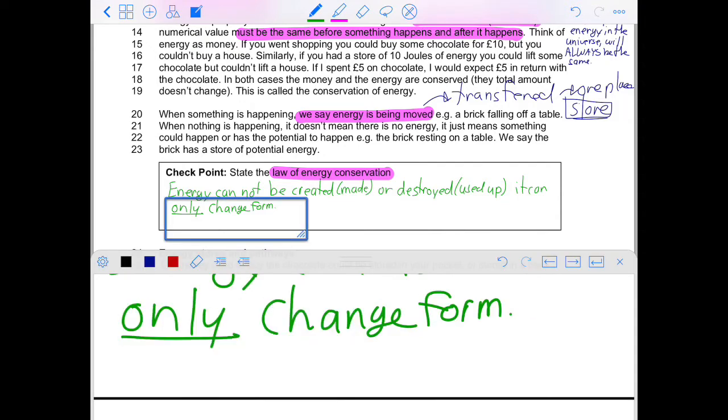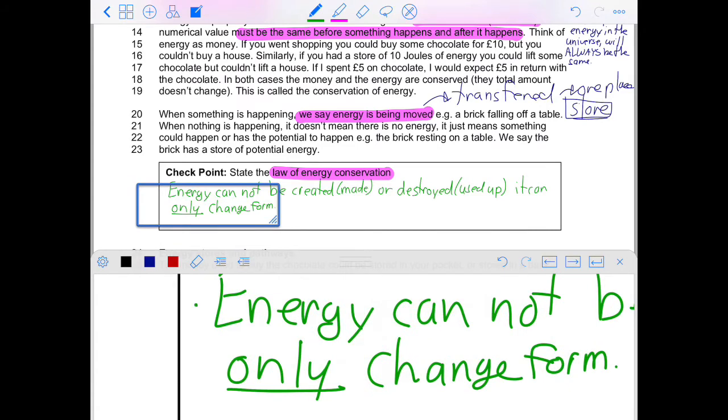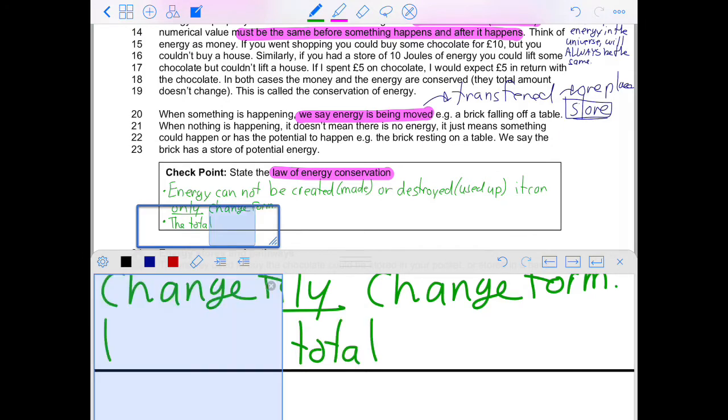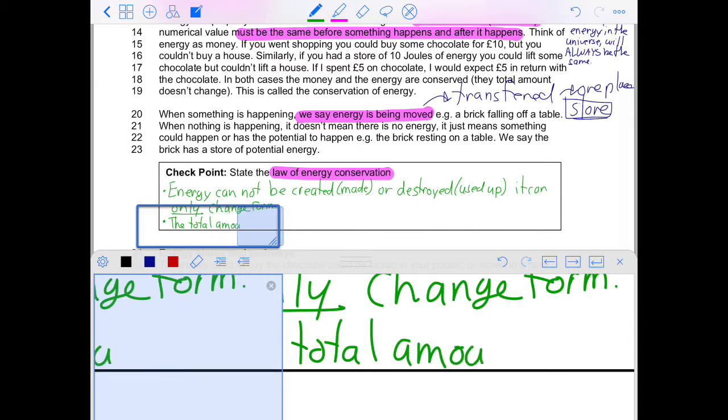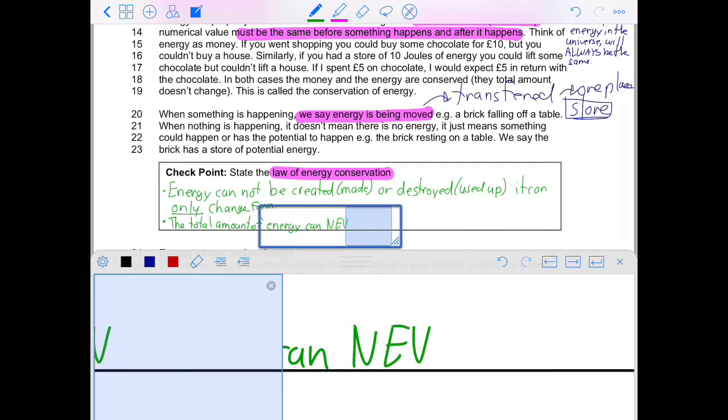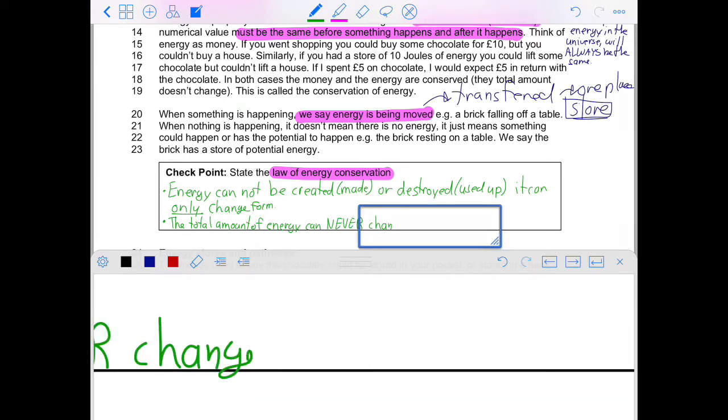Another way to think of it, so I'd like you to add this as well, is that the total amount of energy can never change.